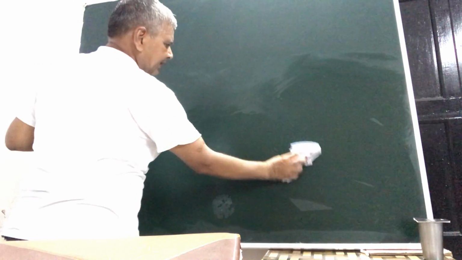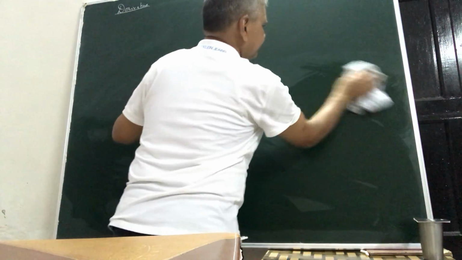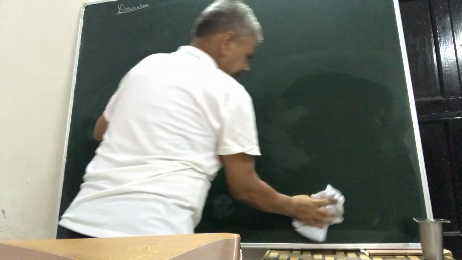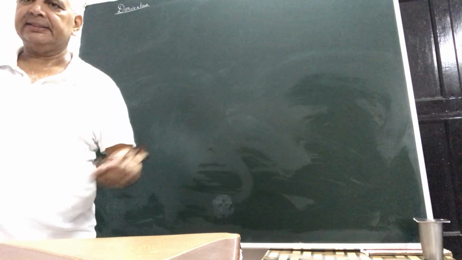But such things should remain in your mind, that with all the mathematical rigorousness, we can't give the proof of it here. So once we accept this, then of course we can easily find the derivative.